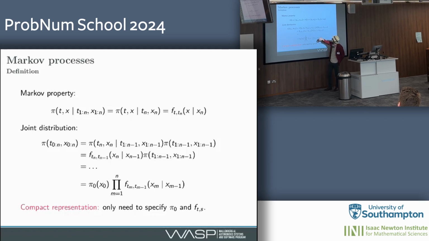Then we keep factorizing, taking x_{n-1} and conditioning on everything else, and so on. And so then we just see this. We need an initial density, and then just these forward transition densities. It's a very compact representation, and it has this recursive structure, as you see.